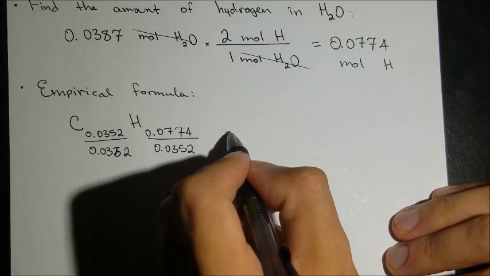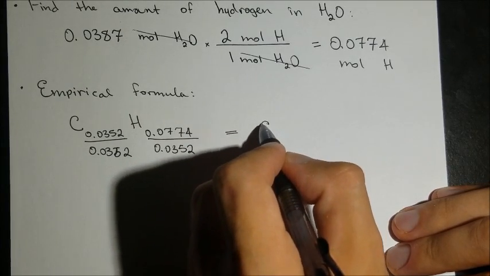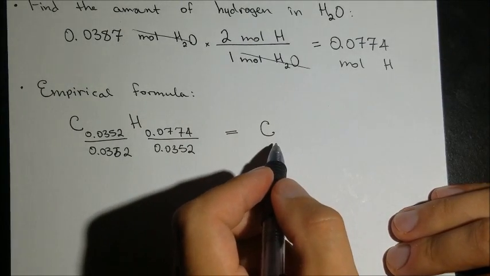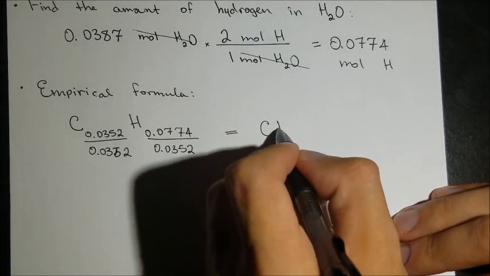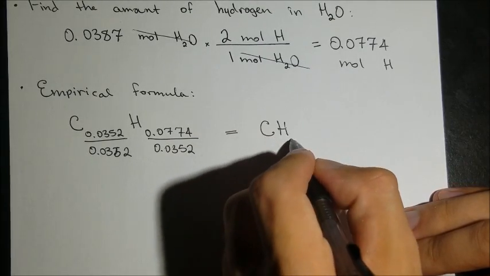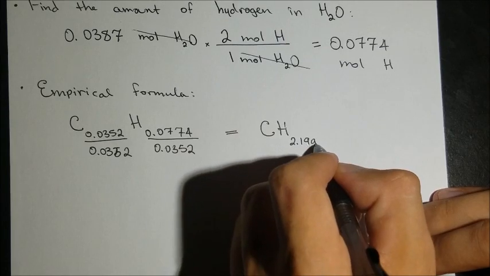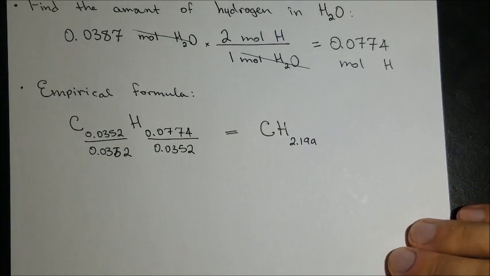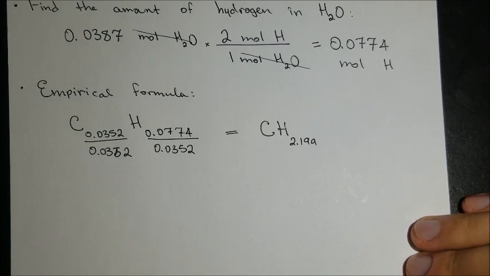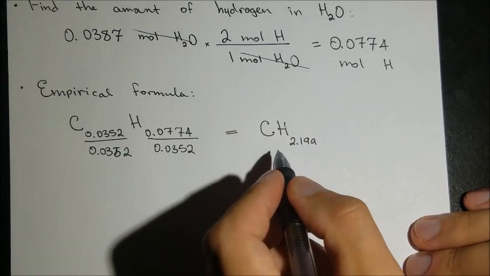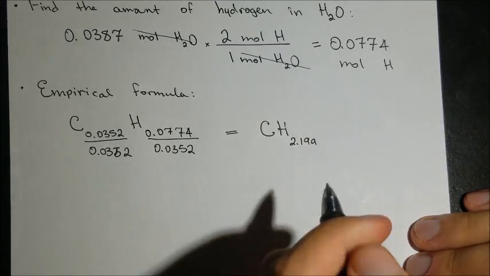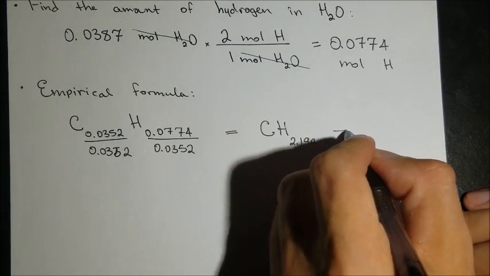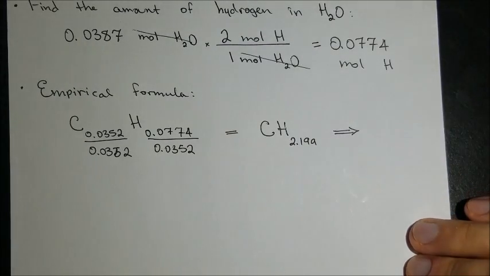And what that's going to provide for us is just 1 with the carbon, and then the hydrogen has 2.199. Well, we are clearly not done. We're not at the integer phase yet, so let's multiply by some number.